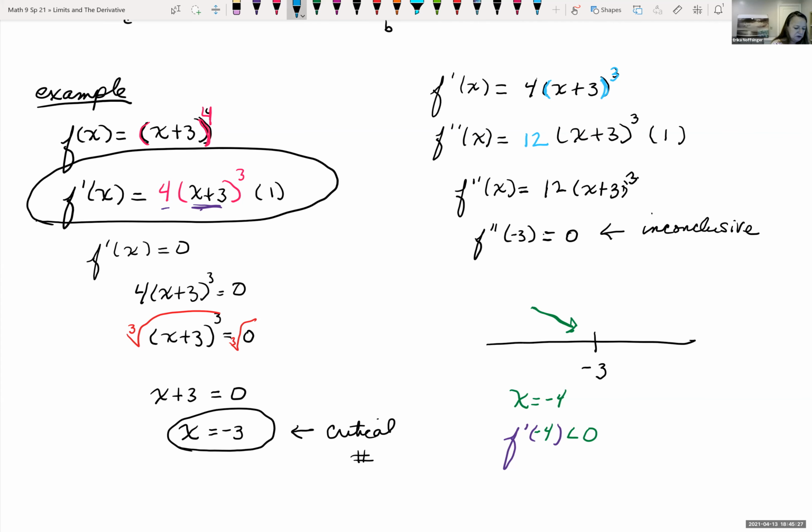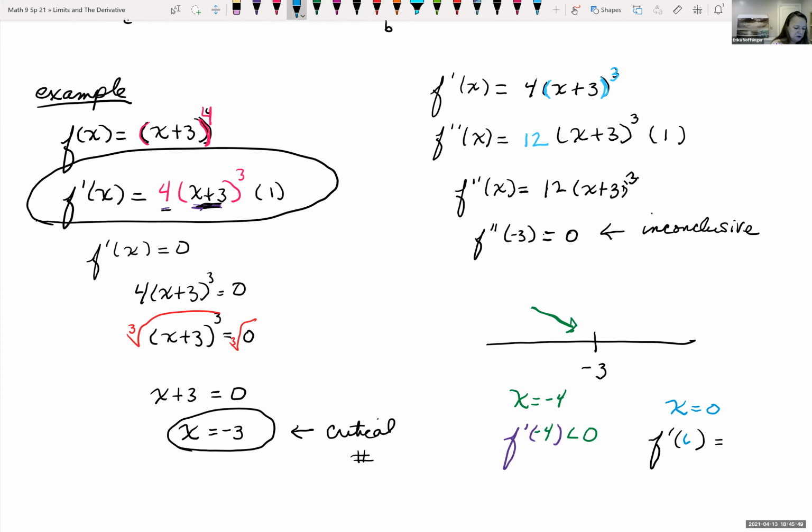So if we choose a number bigger than -3, so how about 0, and we plug that into the first derivative, we want to see, is that positive or negative? Well, 0 plus 3 is positive. 3 cubed is positive times 4 is positive.